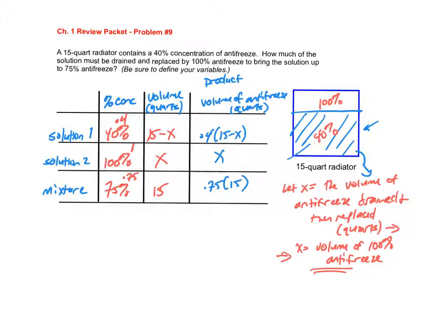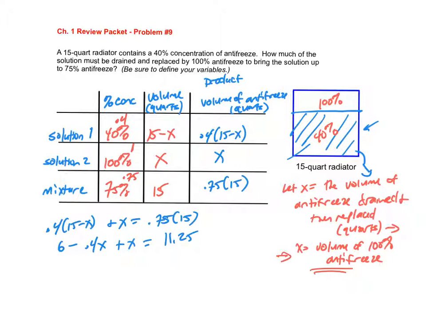Since we're mixing two things together, the sum of solution 1 plus solution 2 has to equal the mixture. So we have 0.4 times 15 minus x, plus x, equals 0.75 times 15. If we multiply these out, 0.4 times 15 is 6, so 6 minus 0.4x plus x equals 0.75 times 15, which is 11.25.